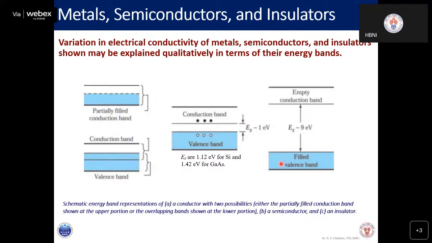Typical energy gaps are nearly 1 electron volt to about 2.5 to 3 electron volt, and for some semiconductors even less than 1 electron volt. In that case, even thermal energy can promote some electrons from the valence band to the conduction band.